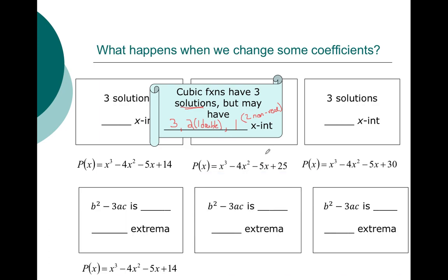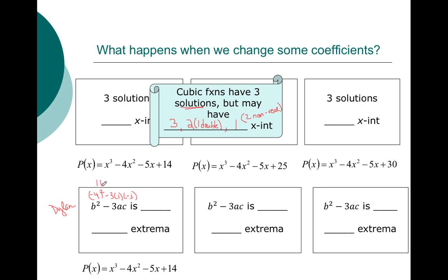Now, here's that b squared minus, not 4, but 3AC. It has no name. We can name it whatever we want. Let's call it Dylan. B squared minus 3AC is a Dylan. So when you compute a Dylan for the first polynomial, b squared minus 3 times 1 times negative 5.